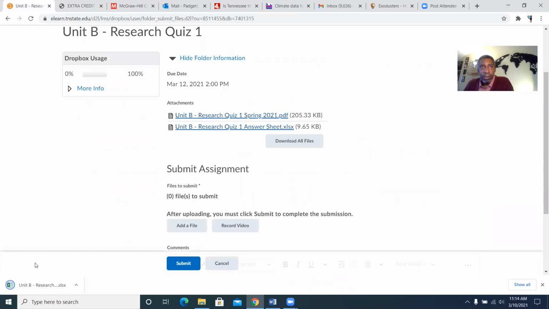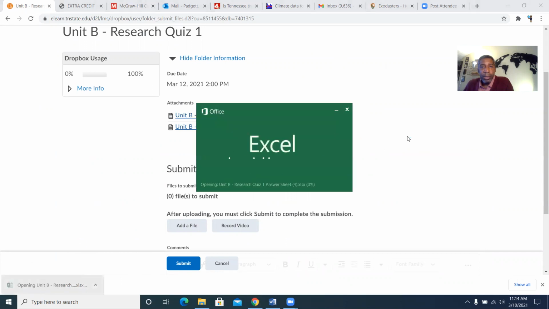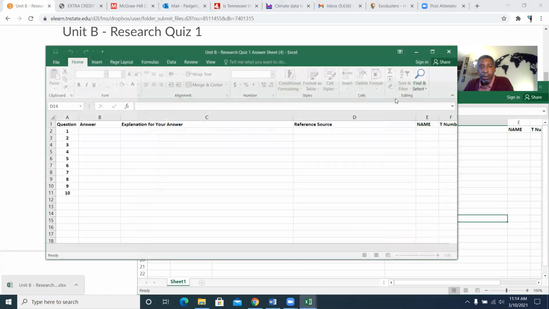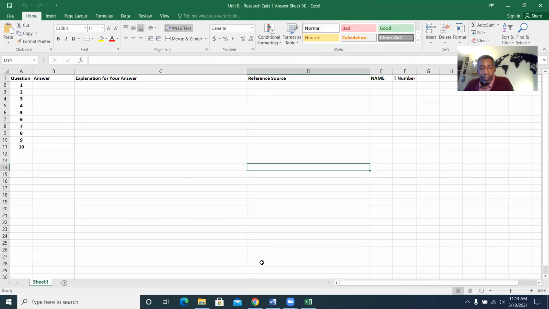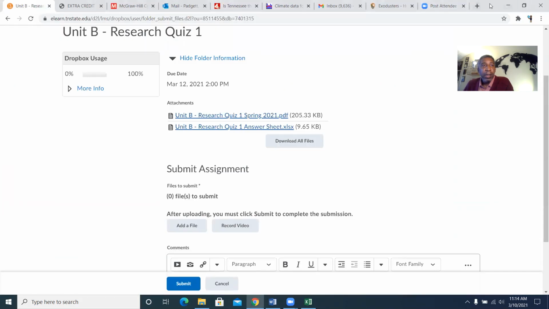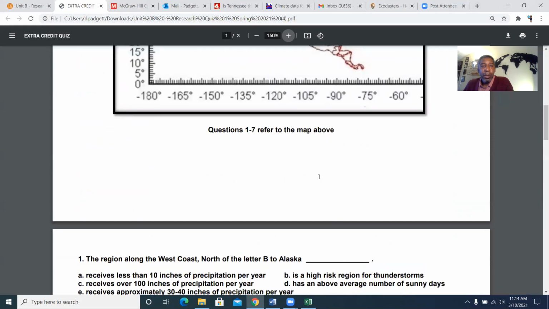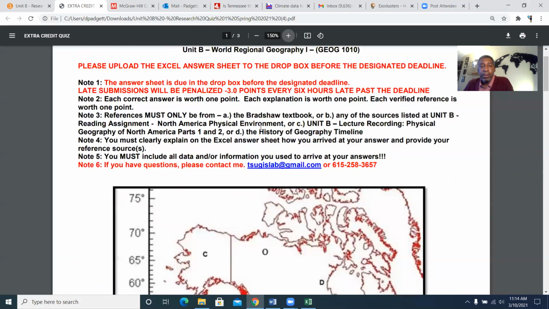Now, this answer sheet is slightly different from the answer sheet that you had with the Unit A exam. The instructions on the quiz require you to not only answer the question, but also provide an explanation or justification for how you arrived at your answer and a reference source.